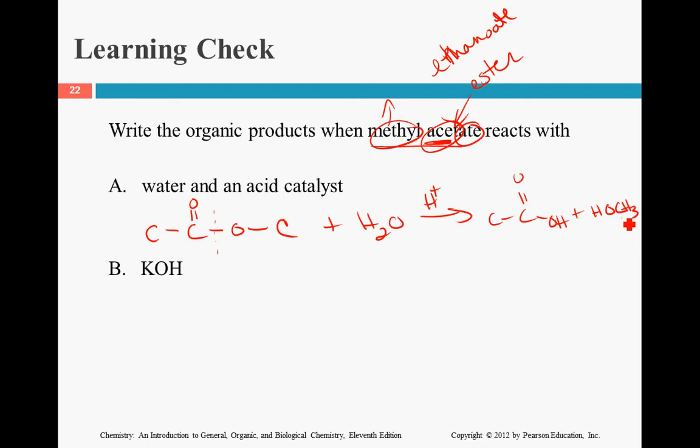So carbon has to have 4 bonds. Here's 1 for the oxygen. It needs 3 more hydrogens. This has 4 bonds already. Fill in the hydrogens for this one. This one has 1 bond. It needs a total of 4, so we need 3 more hydrogens. This has 4 bonds, so it's okay.